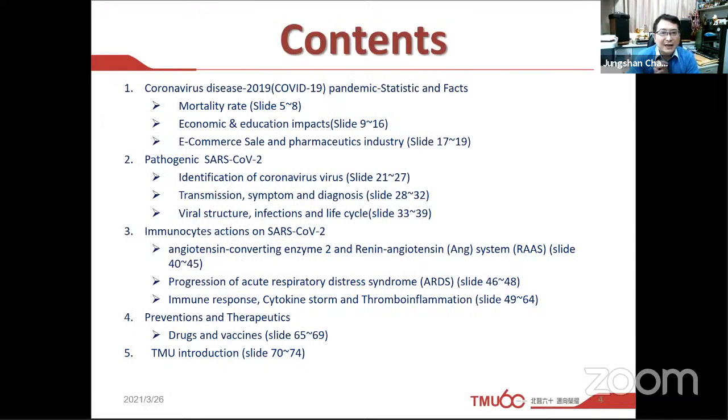I divide the slides into five categories. The first one shows you some statistics and the impact. The second introduces the structure, life cycle, and transmission of this virus. The third one is the most important part of this presentation: the immune response, and what kind of consequences occur after suffering from COVID-19 disease.